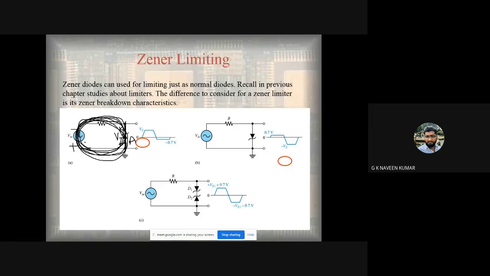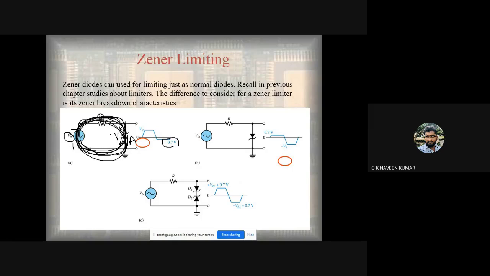Now, when this is flowing, let us assume R is small and the drop is almost negligible. Then this input voltage will be followed by the output voltage, and this has a drop of 0.7. Whenever it is forward bias, it has a drop of 0.7.